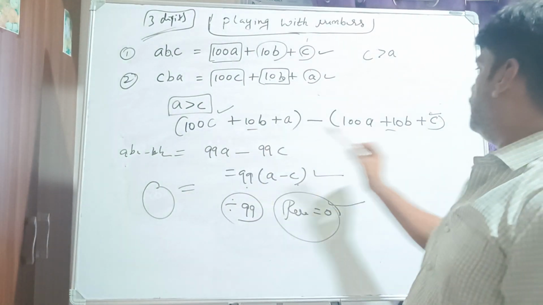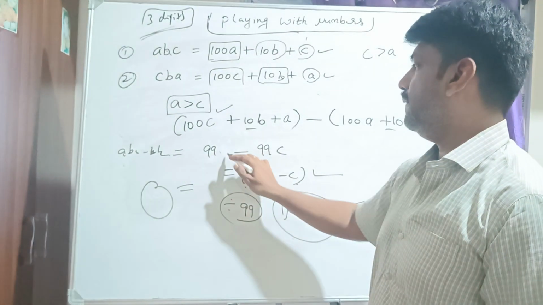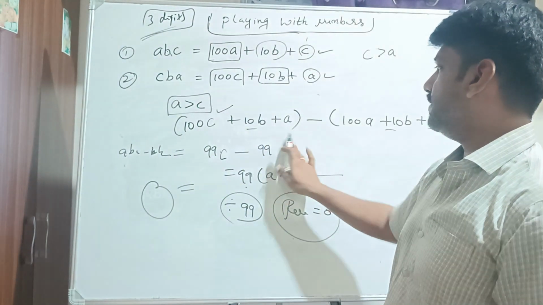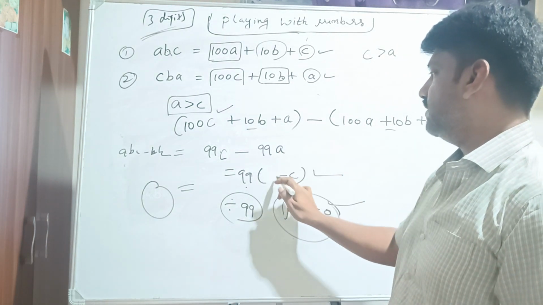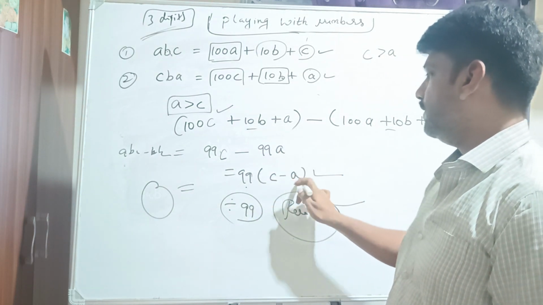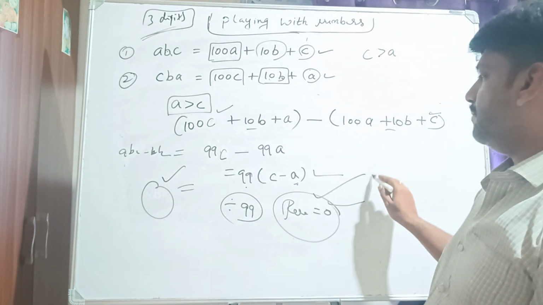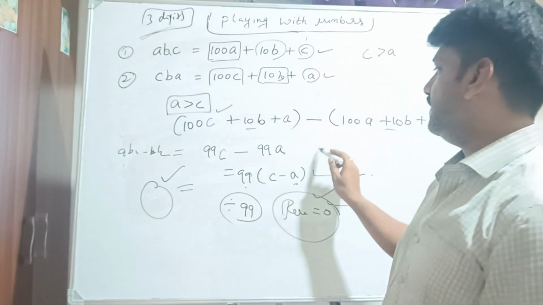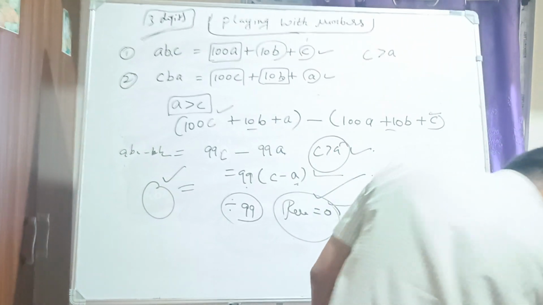So 100C minus C is 99C. 10B, 10B will get cancelled. This A and this is 99A. So you will get what? C minus A. Obviously LHS is 0. So divide it by 99, you are going to get a remainder 0. And this condition is C greater than A. Right?